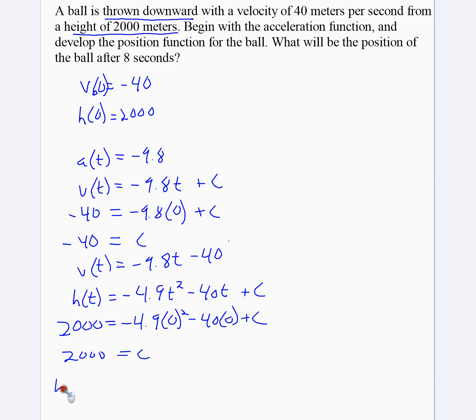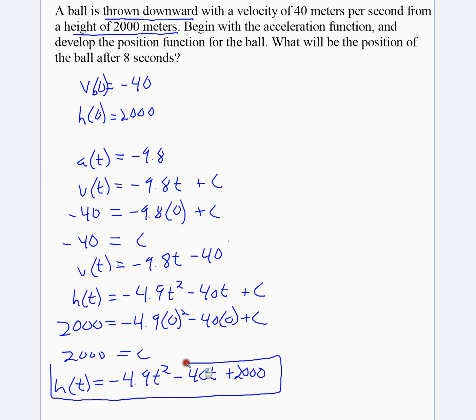And so our height function turns out to be h of t equals, this function right here, and we're going to put in 2,000 for c. So negative 4.9 t squared minus 40t plus 2,000. And so that's the height function.